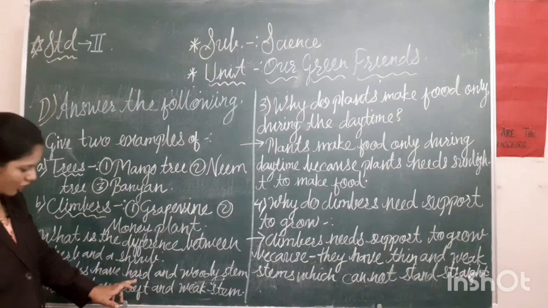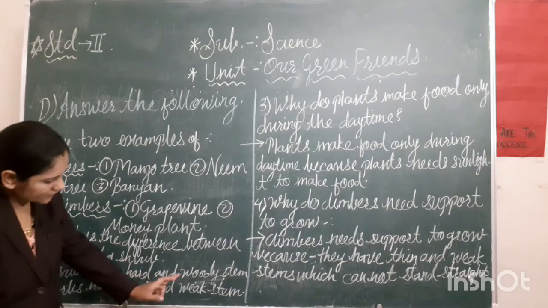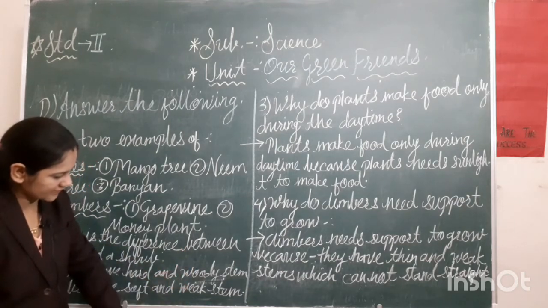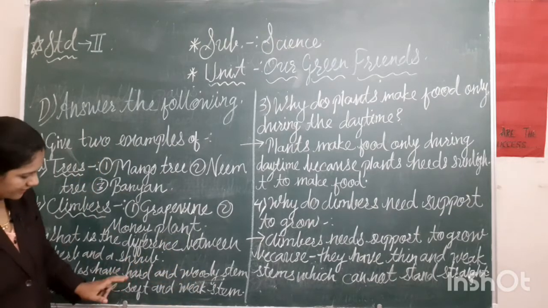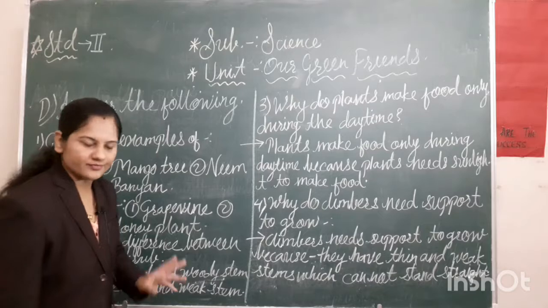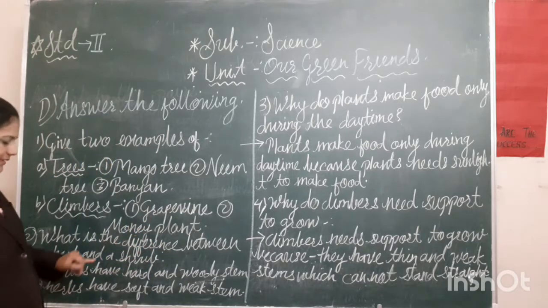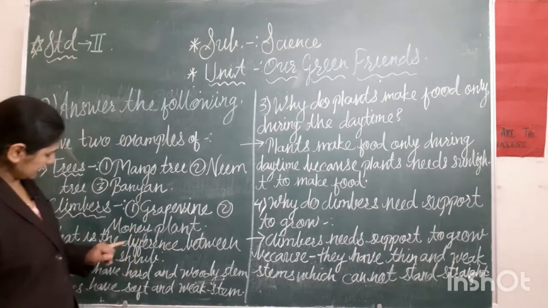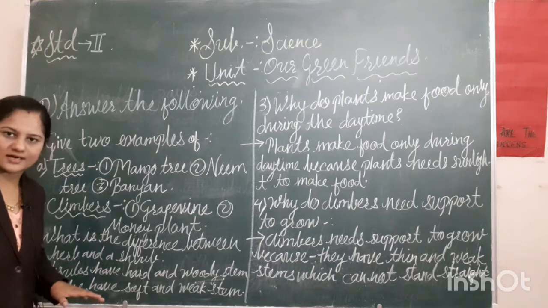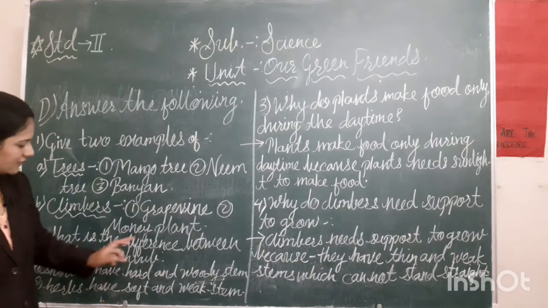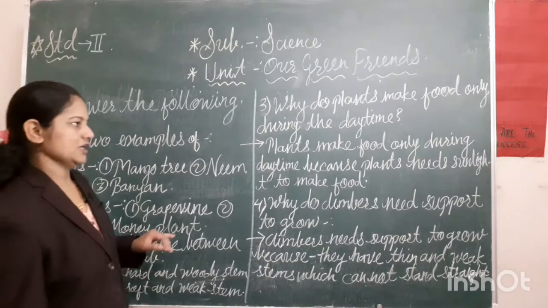Here they have the woody stem, here they have the weak stem. Here they have the hard stem, here the soft stem. This is the difference between herb and shrub. Also, herbs are often seasonal plants. This is the main difference between herb and shrub.